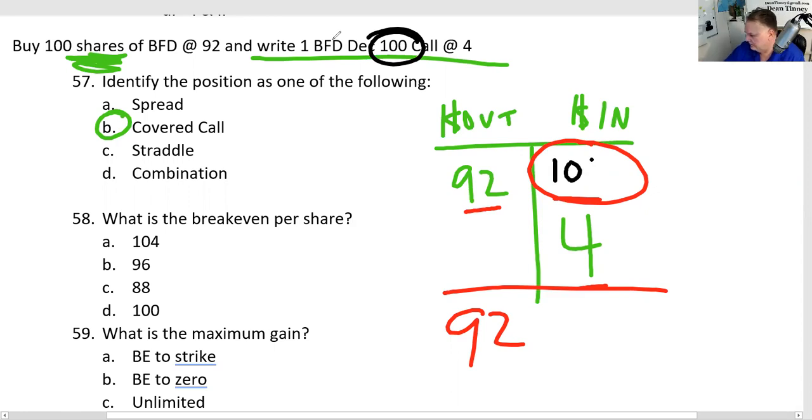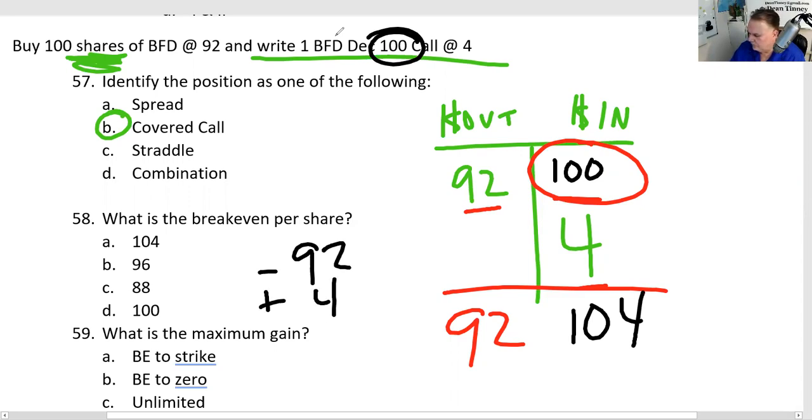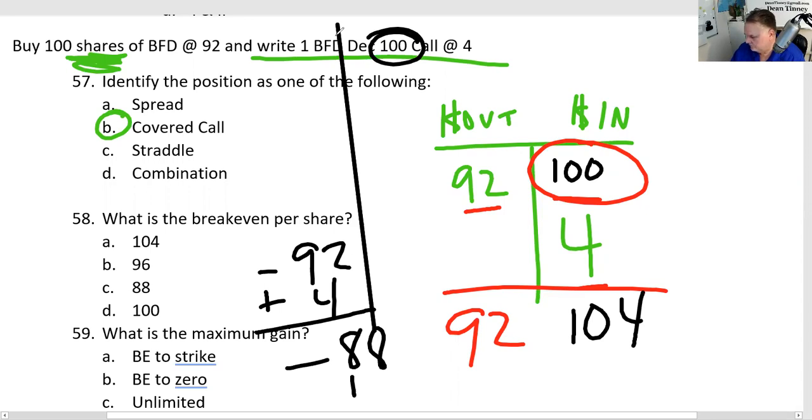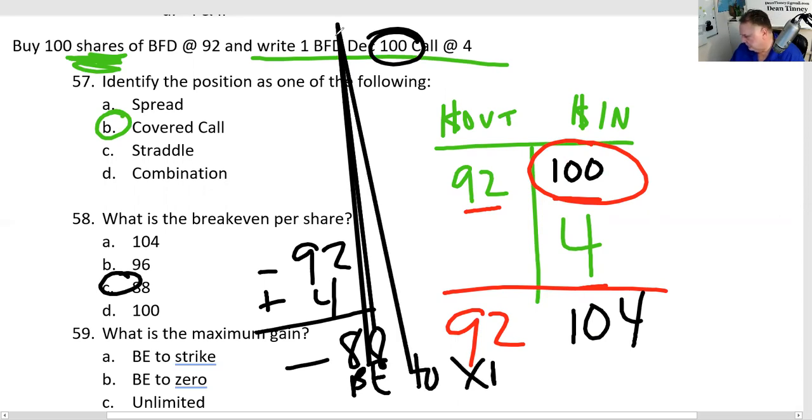The maximum gain is when you sell that stock at 100. So the most you're going to make is 6 points. Now here, be careful, because another way to think about it is I'm out 92 for the stock. I brought in 4 points for the option, so I'm out a net of 88. That was my break even. And I got to sell the stock at the strike price, which was 100.